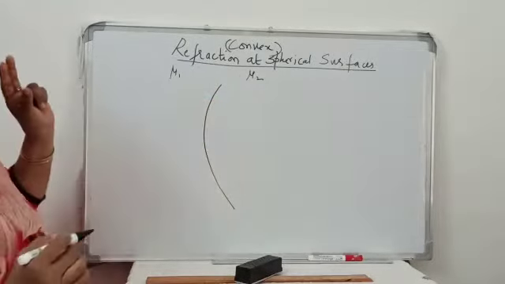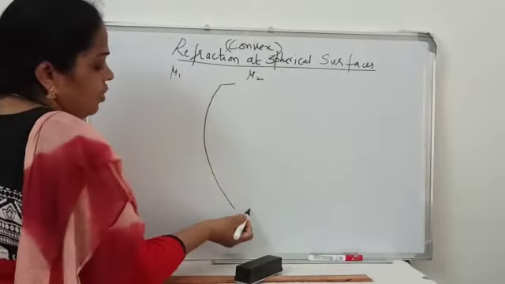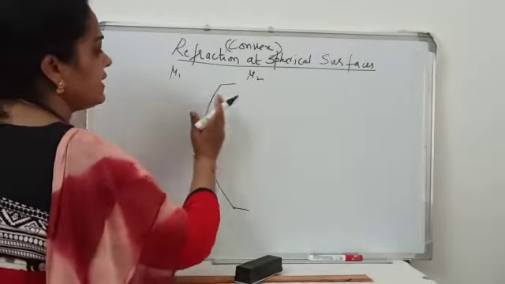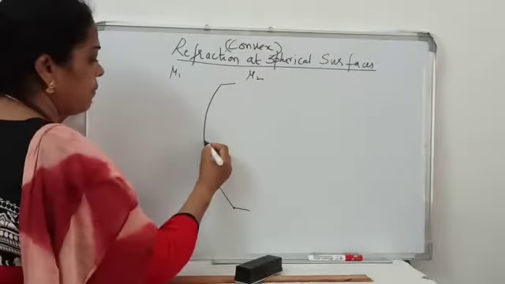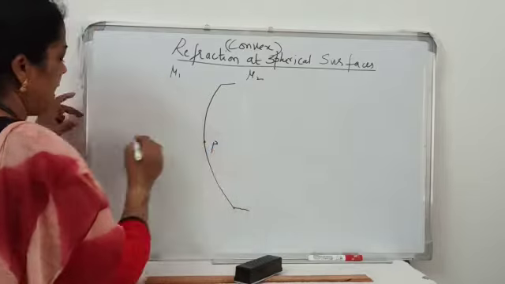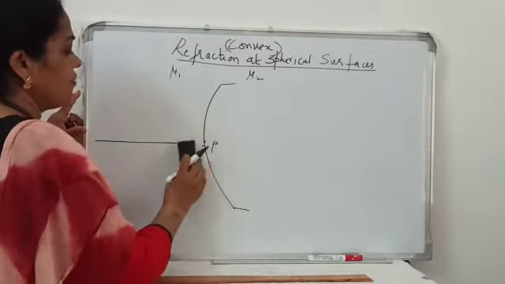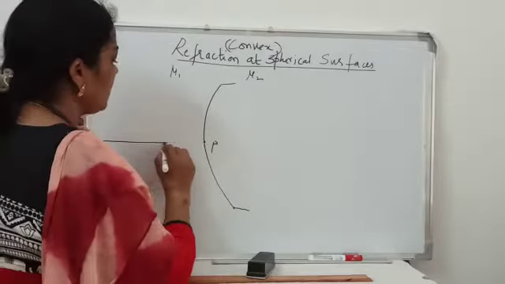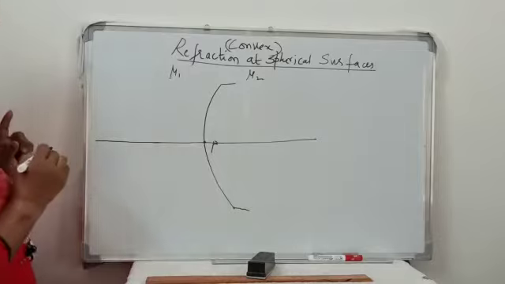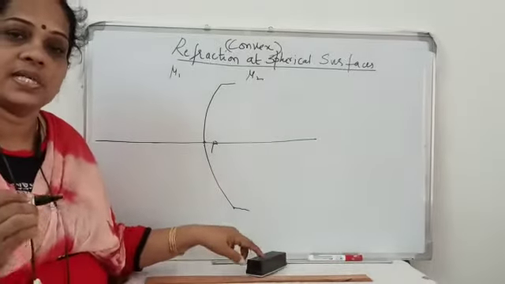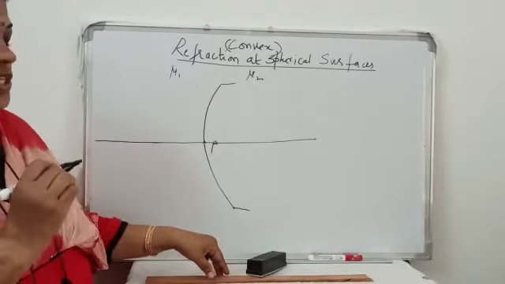Whenever the medium is denser, just to differentiate it from the rarer, we draw two lines over here to show that the denser medium is continuous. Now this is the pole, and a line passing through this will be the center of curvature. This is the center of curvature. The sign conventions we use here are the same as those we used in reflection.